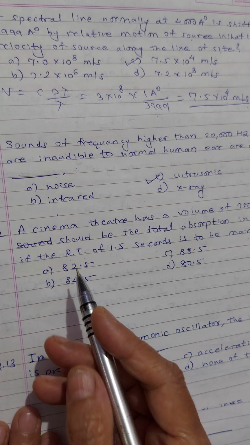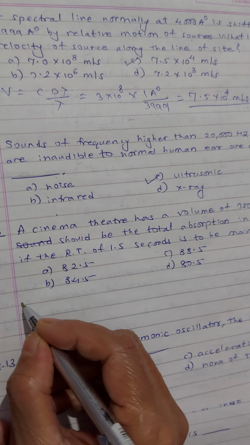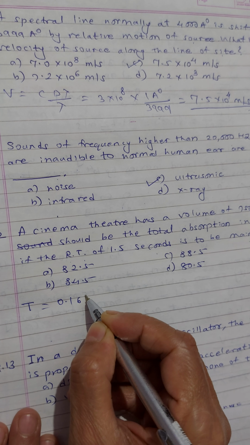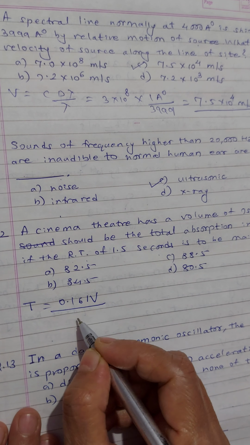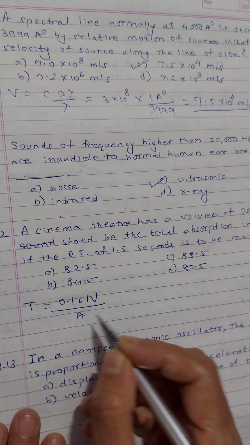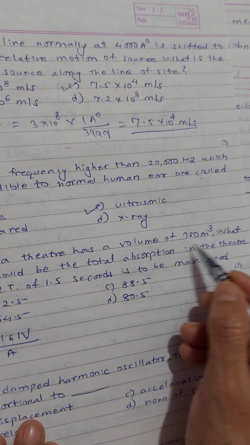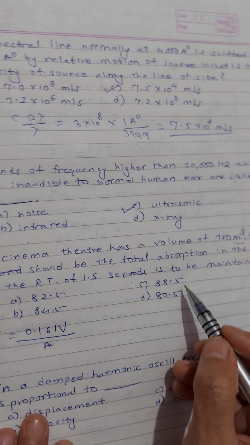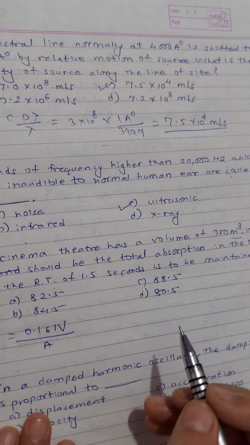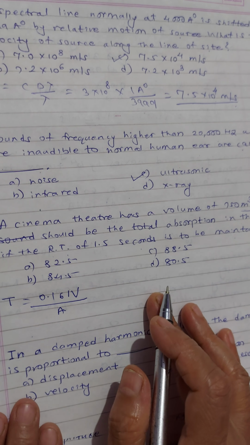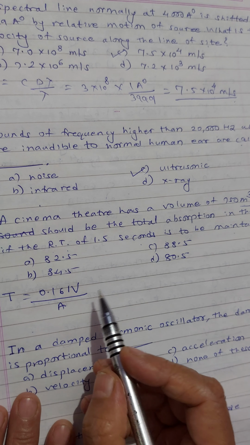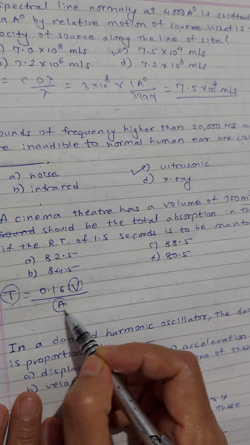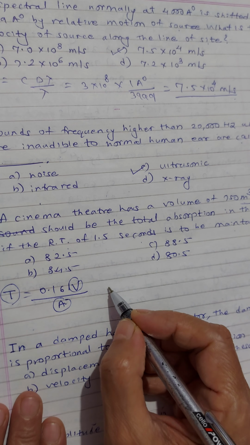So to do this, first we'll have to write the formula for reverberation time, which is T equals 0.161 into V by A. Now why did I change the formula? Because the values are given in volume to be in meter cube and absorption or the area should be again in the meter square. Fine. So in this case, I know the value of T and V, I do not know A. Fine. So change the formula first.